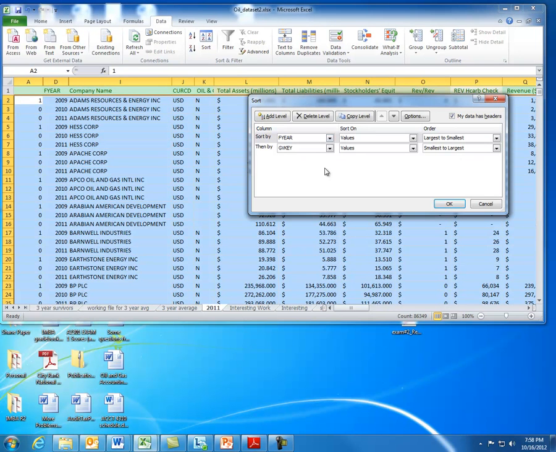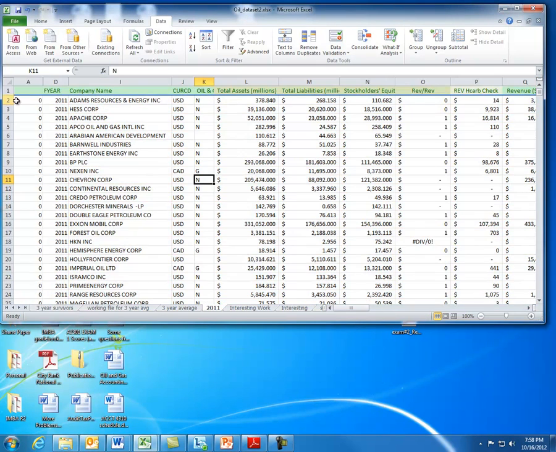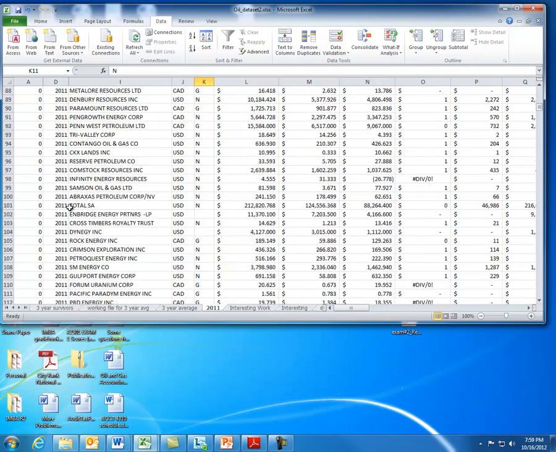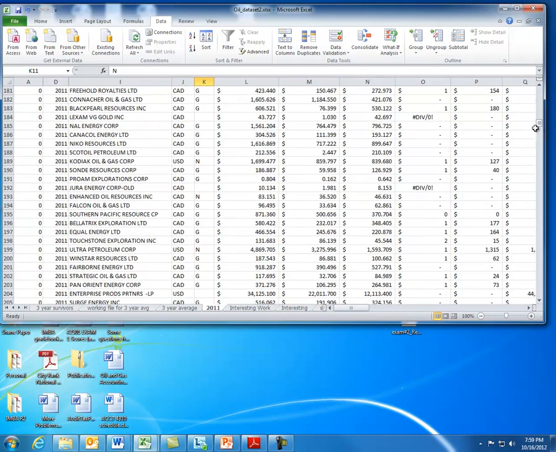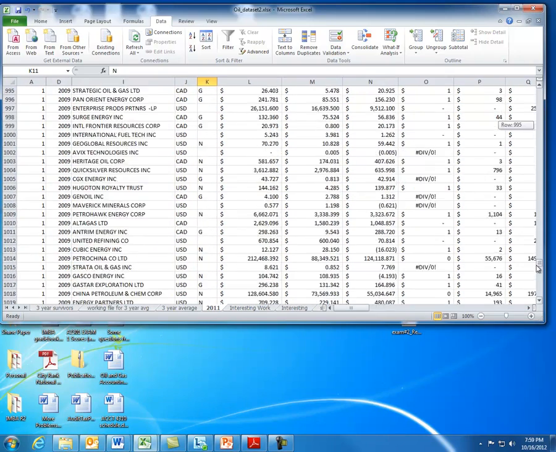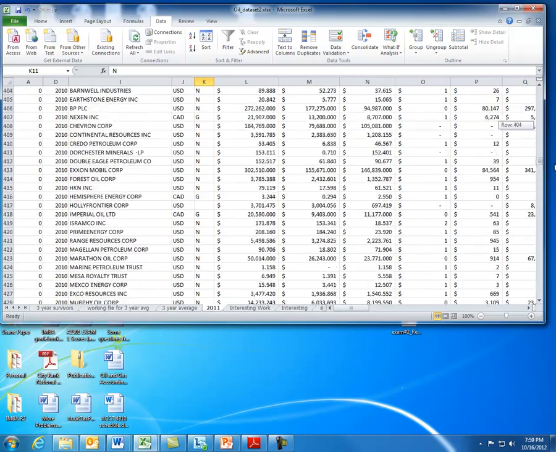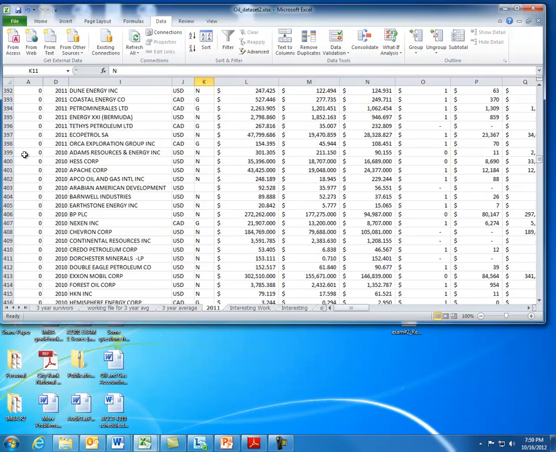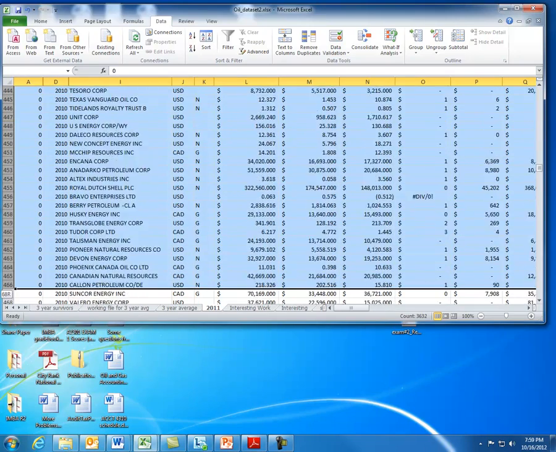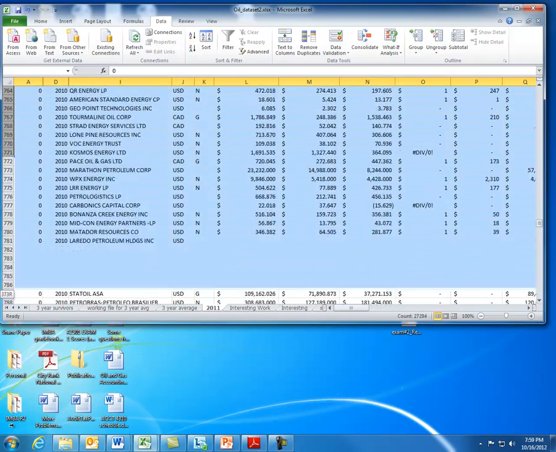by year, then gov key, largest to smallest. What that'll do is give us all the 2011s, and that gov key keeps everything in the same order, which is important. So let's get rid of 2010 and 2009 because we're not interested in those.